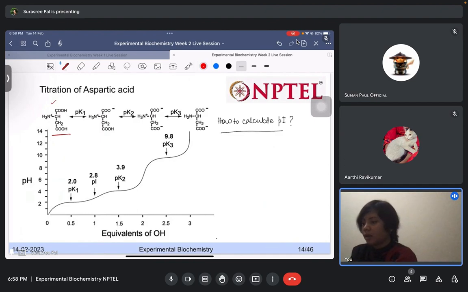See here, the carboxyl groups are protonated, so they do not have any charge, right? But the amino group is also protonated, which means it has a positive charge. So the net charge on this molecule is +1. Am I right?